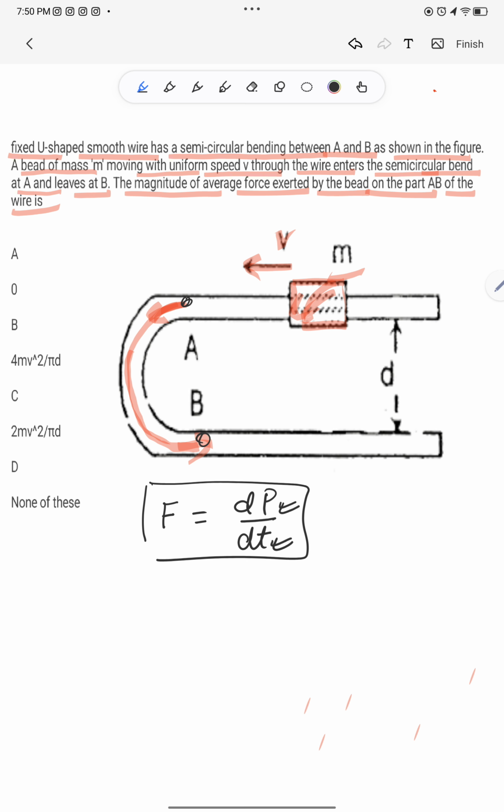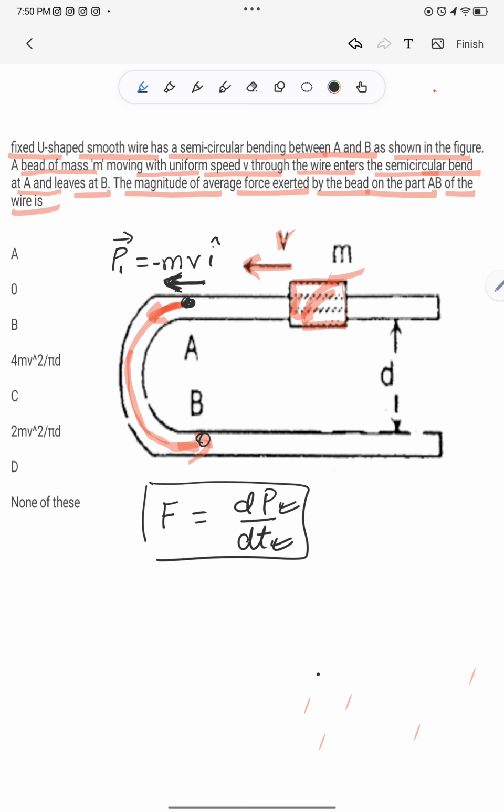Now we can see that at point A, the velocity of the bead was along the left side. So its momentum is leftward and equal to mv. In vector form, the initial momentum pi is minus mv i cap, because at A it is leftward.